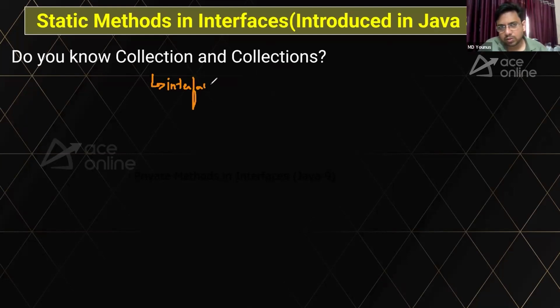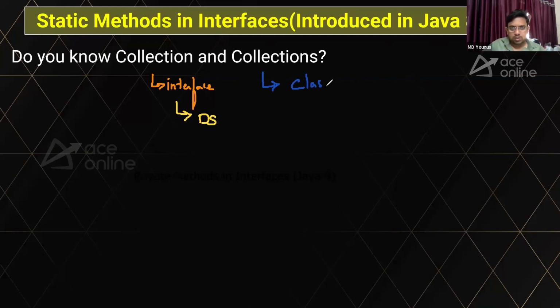It contains all default methods, and different data structures inherit from the interface. And can someone tell me what is this Collections? As a revision, please tell me what is this Collections?